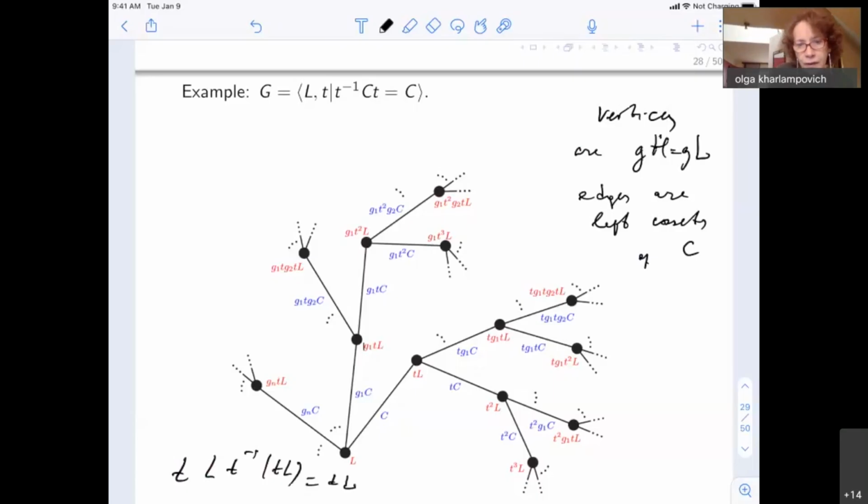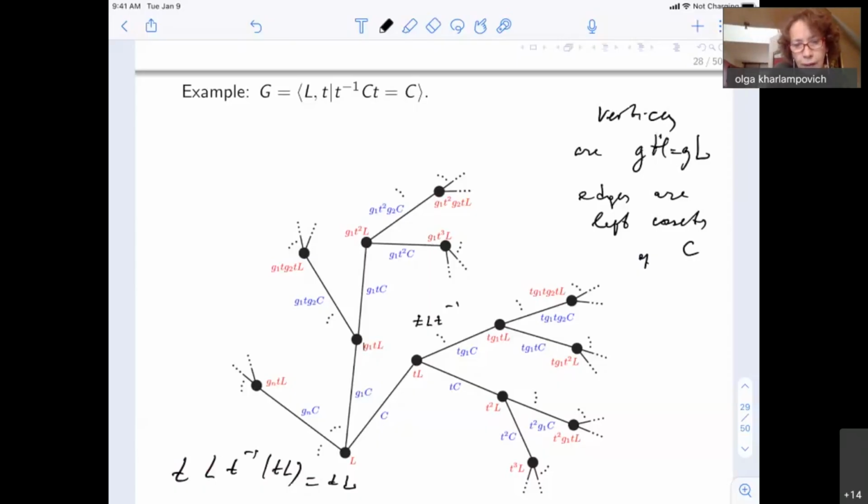Now the intersection of these subgroups is C, right? Because C belongs to L, and C is the same as T inverse CT, so it also belongs to the stabilizer. The stabilizer here is TLT inverse, the group which is assigned to this vertex, and so on.